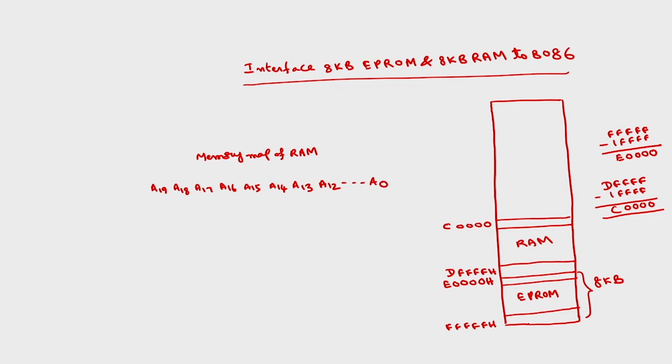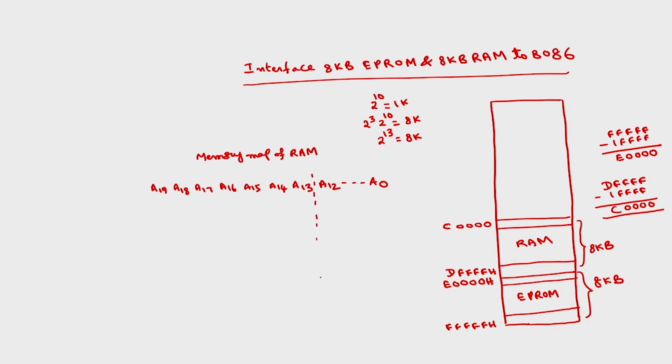For 8 kilobytes of memory, how many address lines will be present? We know that 2 raised to the power of 10 is 1 kilobyte. If you want 8K, you multiply on both sides by 8, which is 2 cube. 2 cube into 2 to the power of 10 is 8K. So in total we have 13 address lines for 8K memory, A0 to A12.